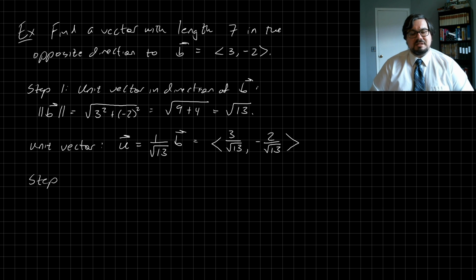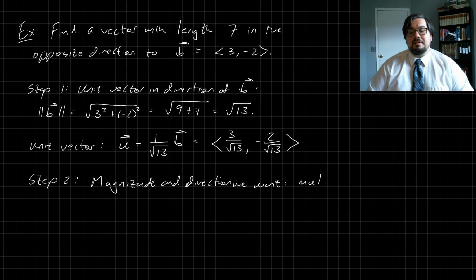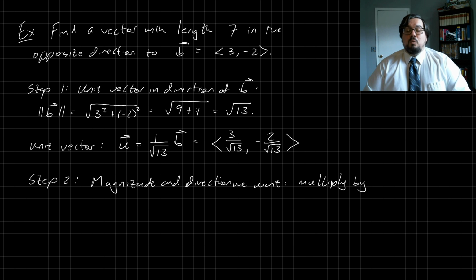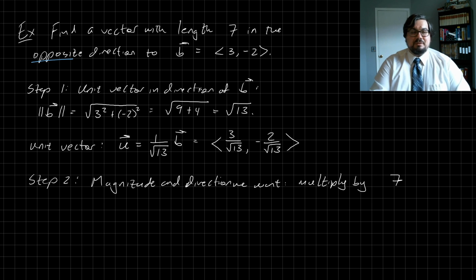So there's our unit vector that's in the direction of b. Now, for step 2, let's get the magnitude and direction we want. We know that we're going to get this by multiplying by a scalar. The unit vector u has magnitude 1, so if we want a vector with magnitude 7, we're going to multiply by 7, but because we want it in the opposite direction, we're going to multiply by -7.